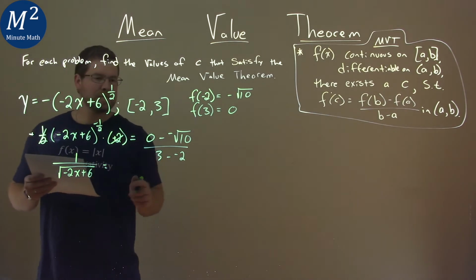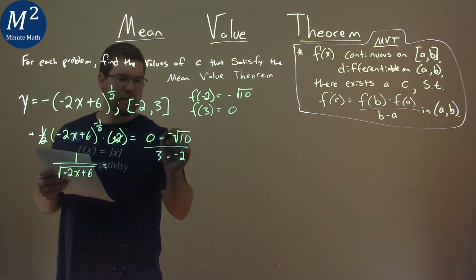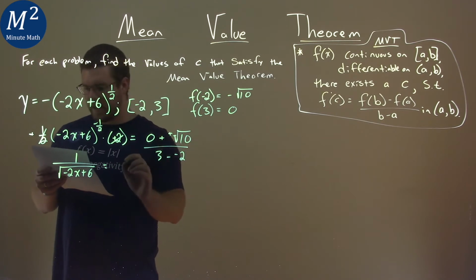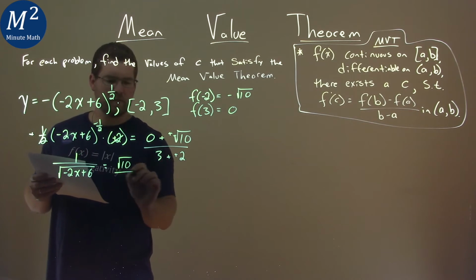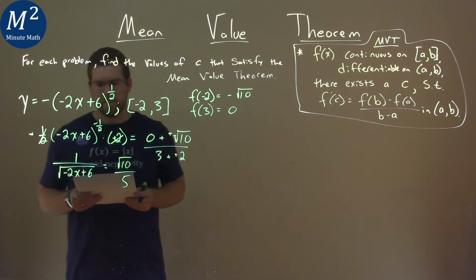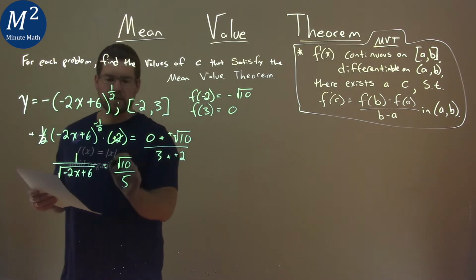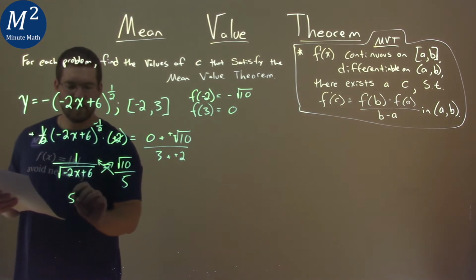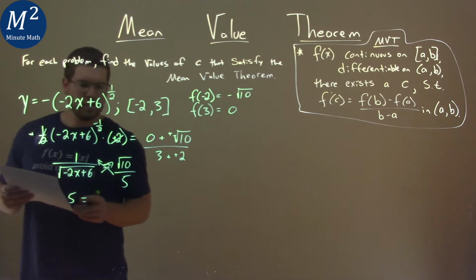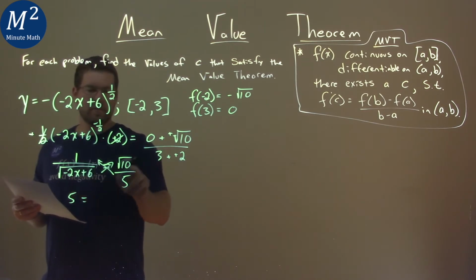The right-hand side simplifies, well, the negatives cancel out here. Negative makes positive. So we have the square root of 10 over, again positive, 5. Now here's where I like to cross multiply. As such, 1 times 5 is a 5. And that's equal to the square root of -2x plus 6 times the square root of 10.